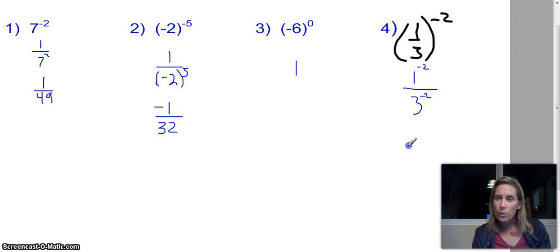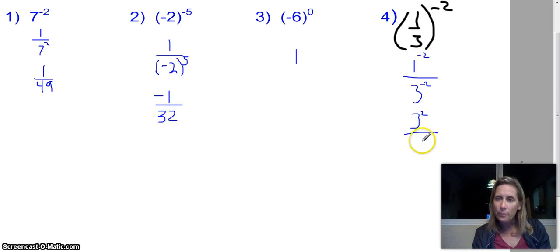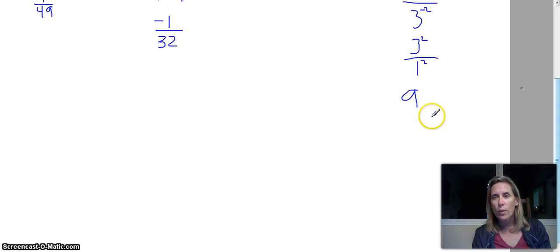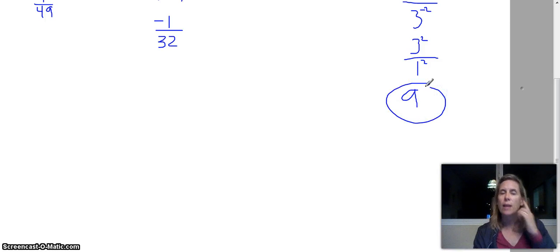So we would move the 3 to the numerator, 3, and it is still being squared, but now we've lost the negative. And the 1 moves to the denominator, which is being squared. Okay, 3 squared, 3 times 3 is 9, good. And then 9 over 1 squared is just 1, so our answer is 9. 9 over 1 is 1.